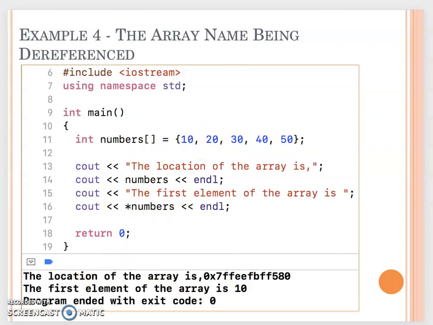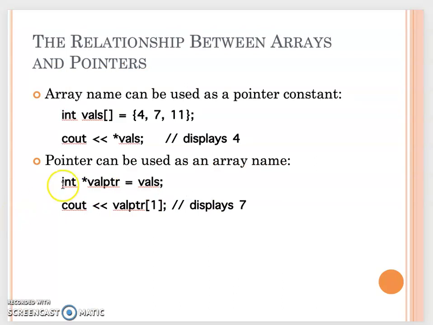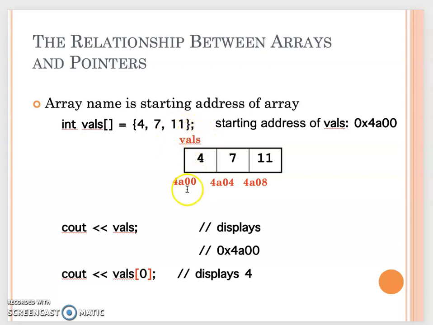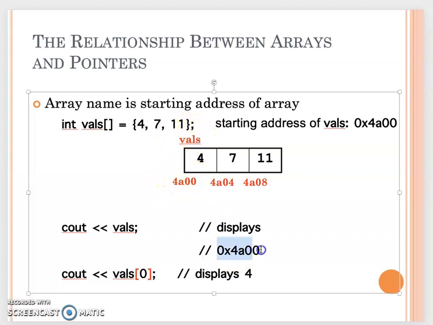So then continue. Now we will tell you your array name actually works like a pointer. Why? Because vals is a location holding the memory address, right? Do you remember earlier we told you a pointer variable holds what? An address. So that's why the array name, which displays the memory location, actually just works like a pointer.